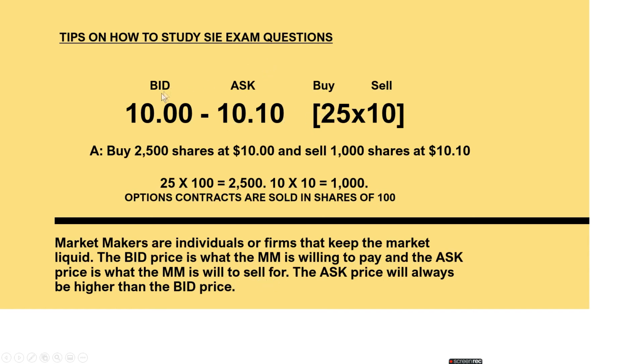So they're willing to pay $10 a share for 2,500 shares, and they're willing to sell 1,000 shares at $10.10. The bid price is always lower than the ask price, and the ask price will always be higher than the bid price.